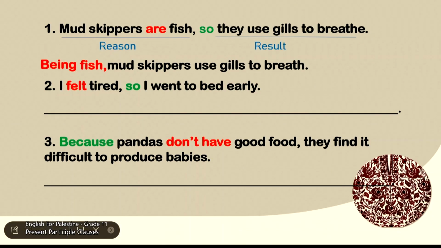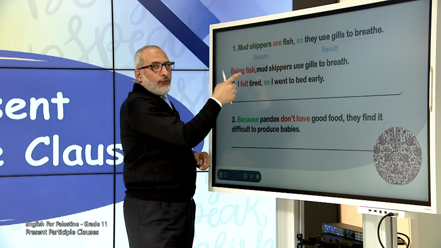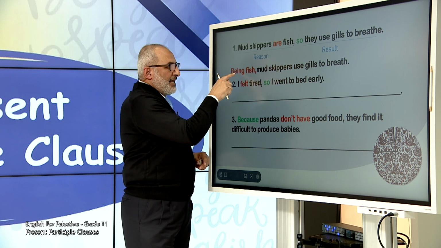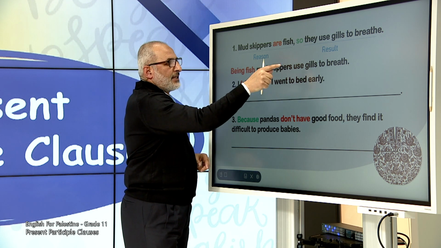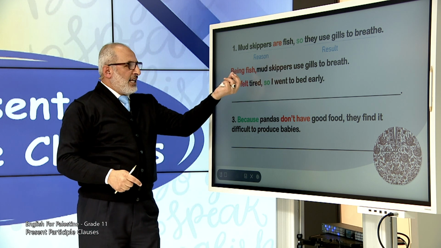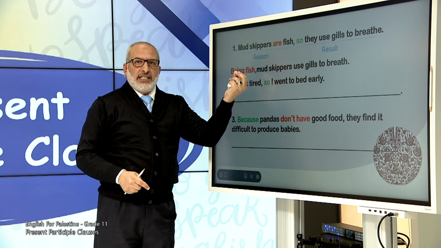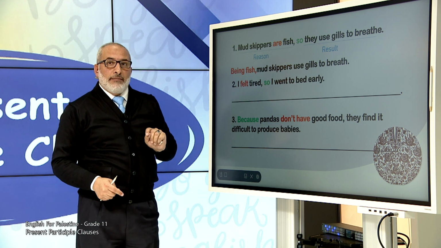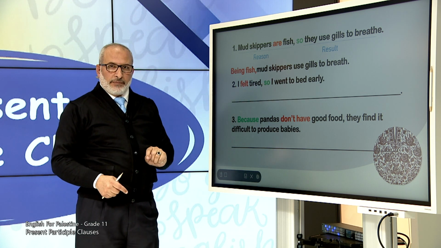So if you look here, I change the reason from this form into ing form or present participle. Being fish, mud skippers use gills to breathe. So here, if you notice, the sentence is very simple. Okay? But let's do the same with number 2 together.